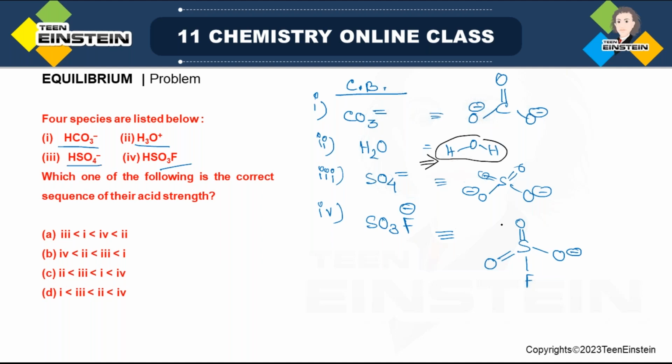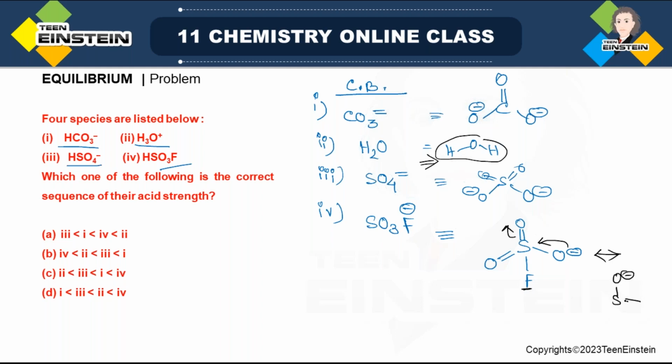So here H2O is the only neutral molecule among these four conjugate bases, but still SO3F minus is very, very resonance stabilized. And the reason is fluorine is electronegative. So when the negative charge takes part in resonance, another resonance structure I can draw.